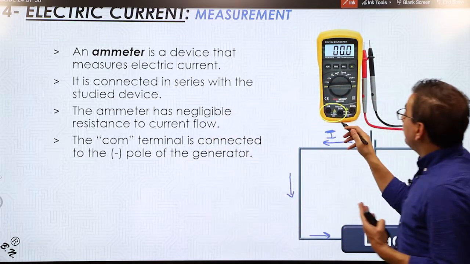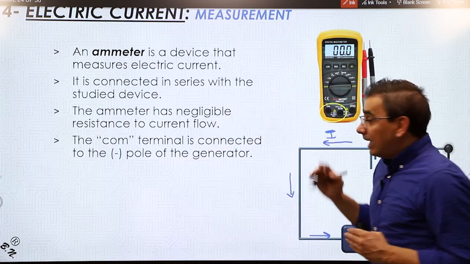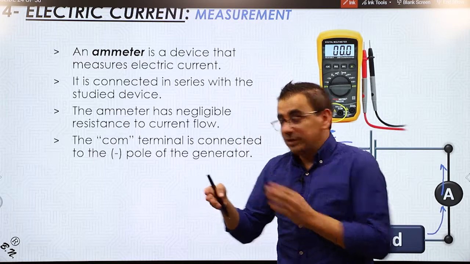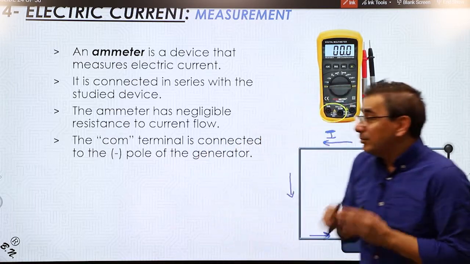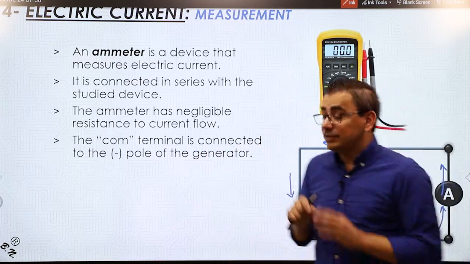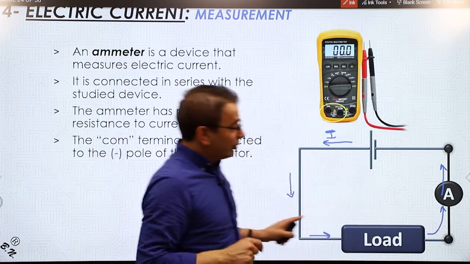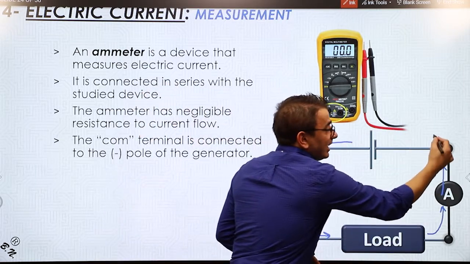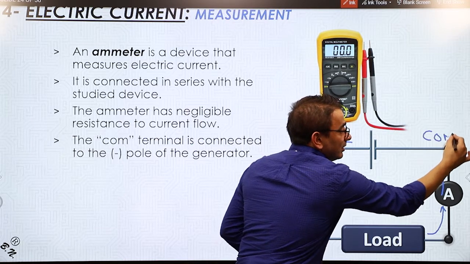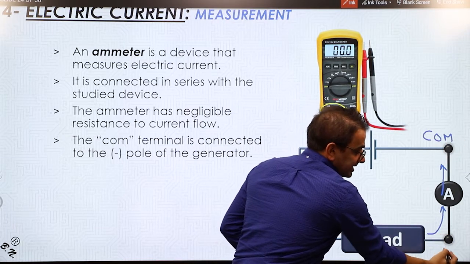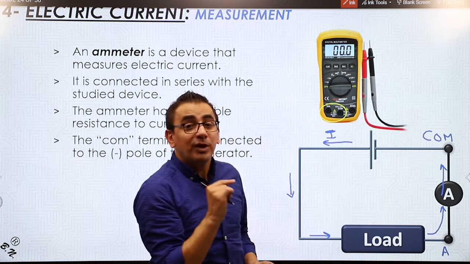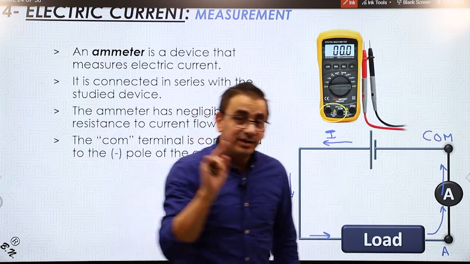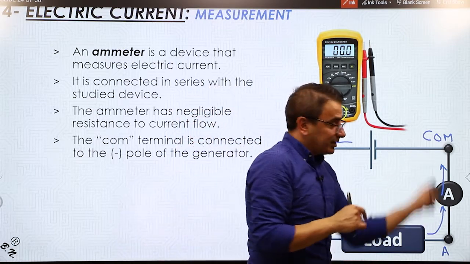The entry is referred to as letter A, and the negative pole is referred to as the COM. So the COM terminal should always be connected to the negative of the generator. So if I go back to this circuit here, the ammeter connected has this side as COM. Some people refer to this as letter A, indicating the positive pole of the ammeter. Now, the proper connection of the ammeter is like this.